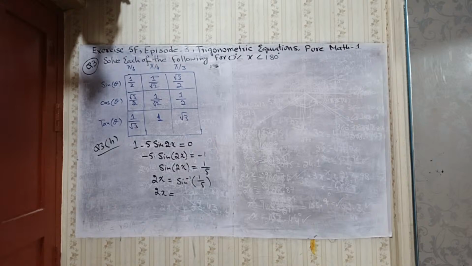With the help of my calculator, shift sine, bracket 1 divided by 5, bracket close, equals, this is 11.53.